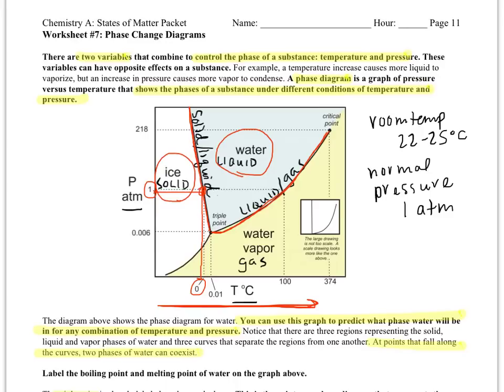Now, if you were going the opposite direction from a gas to a liquid, then that would be the condensation point. Okay, so if we wanted to know on this graph the boiling point of water at a normal pressure, right, we'd follow that 1 atmosphere of pressure over the line, and we go down and see what temperature that's at, and it's 100 degrees Celsius is the boiling, condensing point of water.